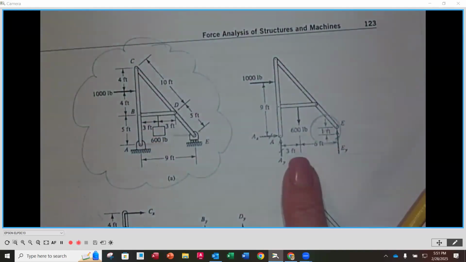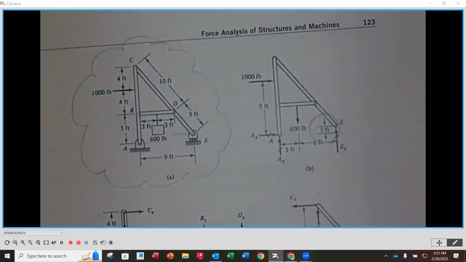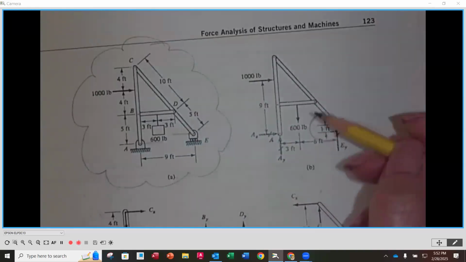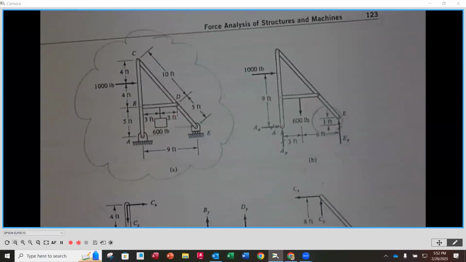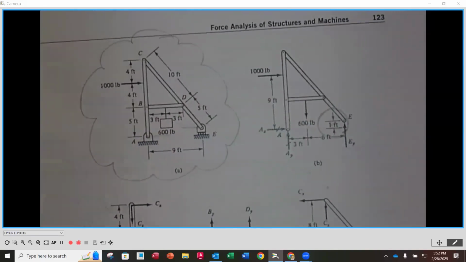So you'll notice here that all the free body diagrams show thickness so that we can see the extent of the actual member itself. So we are going to draw our free body diagram, again, adding thickness to the members so that we can see if they're continuous or not.